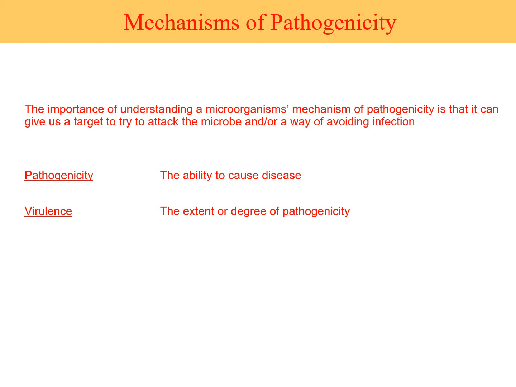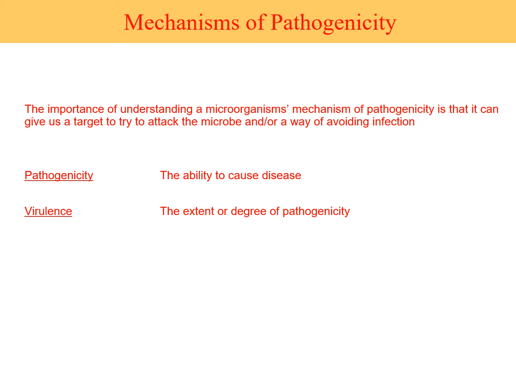If we can understand how a microorganism causes disease, its mechanisms of pathogenicity, then that can give us an appropriate target in order to attack it and kill the microbe.